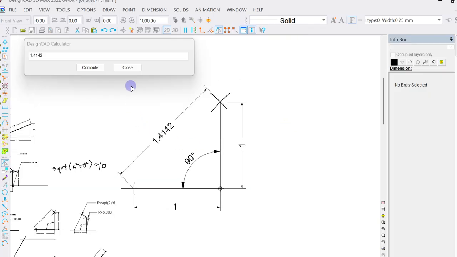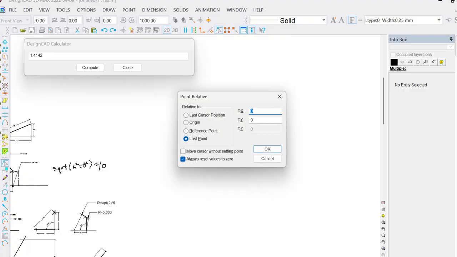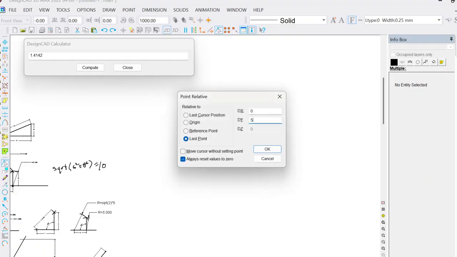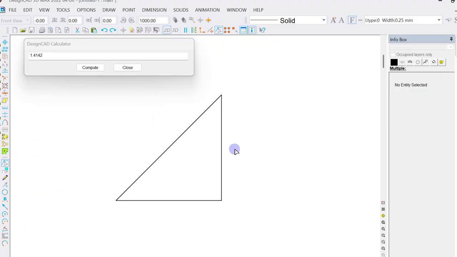Let's just do another one. Delete. So V. I'm going to go point relative 5. Tab. Enter. And then point relative tab 5. Enter. And then there. So what we're looking for is this. You could go 5 squared plus 5 squared equals, and then get the square root of that.